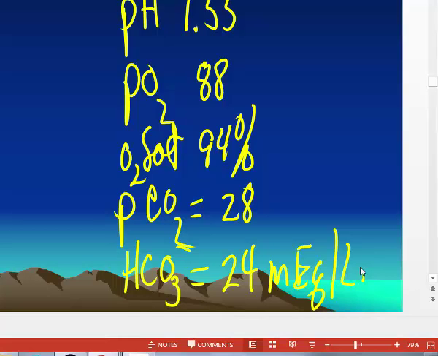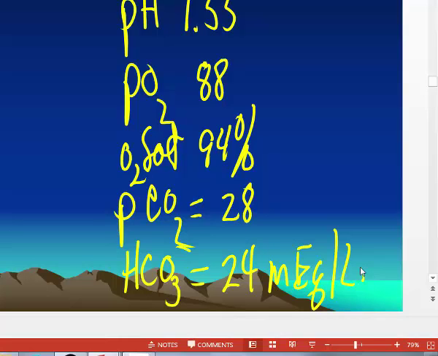Who's got this blood gas? That's an uncompensated respiratory alkalosis. Look at the pH. Is the pH high, low, or normal? It's high. It's an alkalosis. Yes?